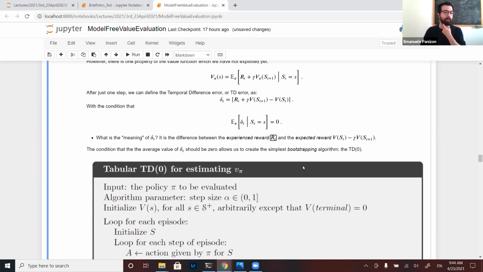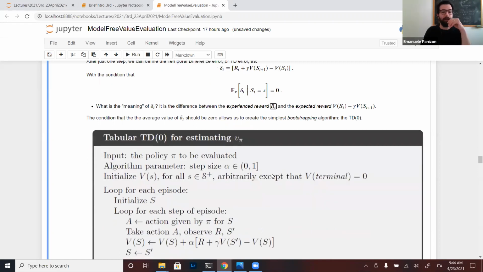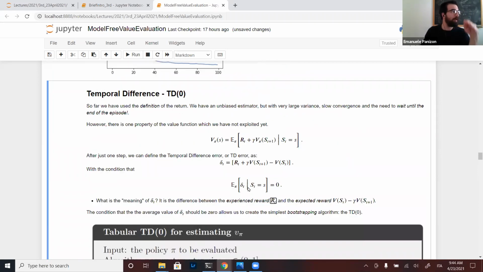This is what it means in words instead of a mathematical sense. Again, the pseudocode. What is the truly nice thing about this? That this does not require a whole episode, because the definition of delta requires only the state at time t, the reward, the action, no, the action does not, but you have to do an action, you have to get a new reward, you have to get a new state.